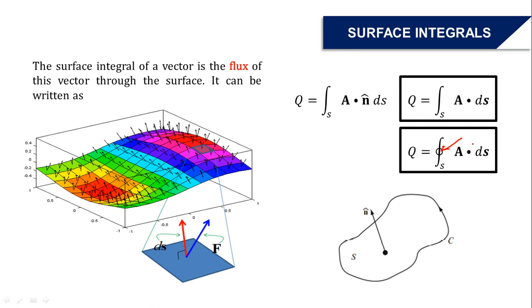Sige. Try natin mag-solve ng isa. So again, the surface integral of a vector is the flux of this vector through the surface. It can be written as this form. Itong nakabox na to, yan yung ating gagamitin sa pag-solve ng mga surface integrals.